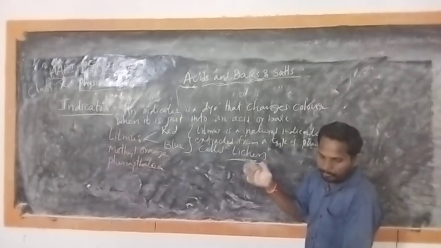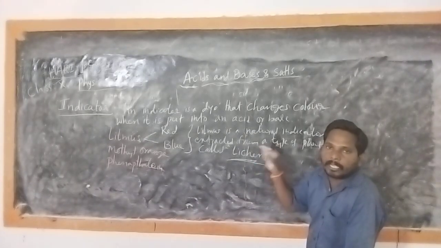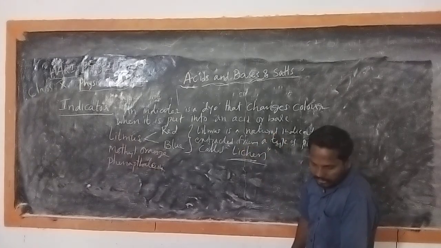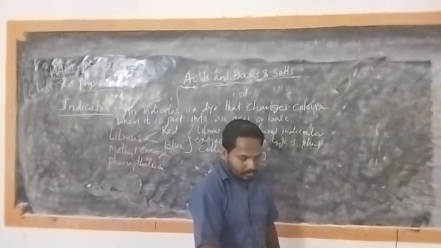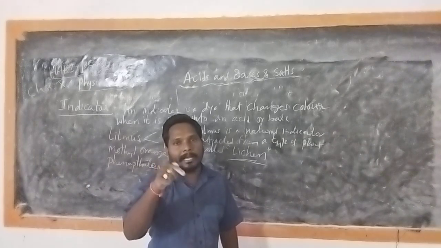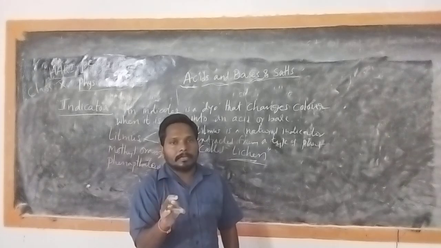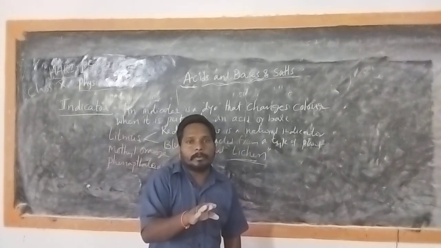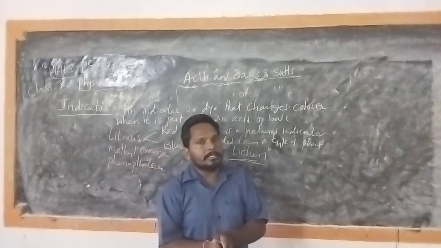When litmus solution is neither acid nor base, its color is purple. It turns red in acidic solution and blue in basic solution. So if litmus paper is put in acid, blue litmus turns red, whereas if put in a base, red litmus turns blue.